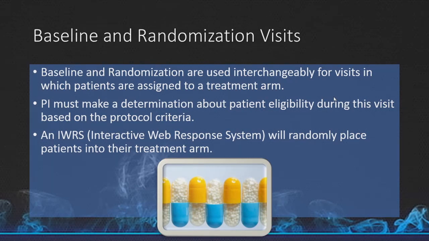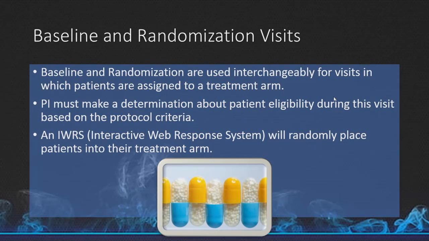So, an interactive web response system, which will randomly place patients into their treatment arm. This is how randomization happens, through this IWRS, which is completely automated.